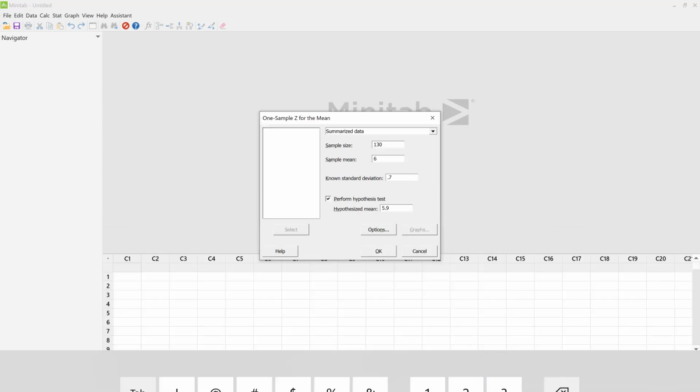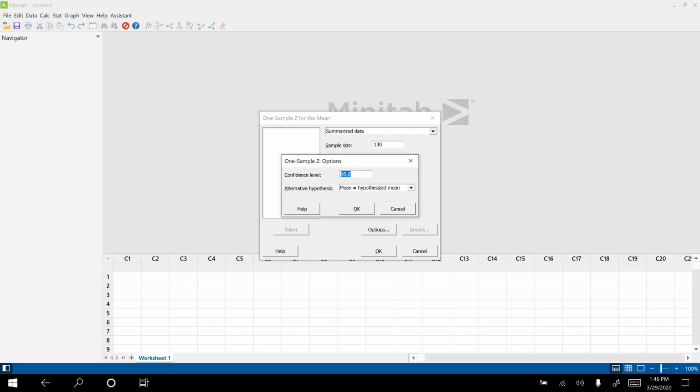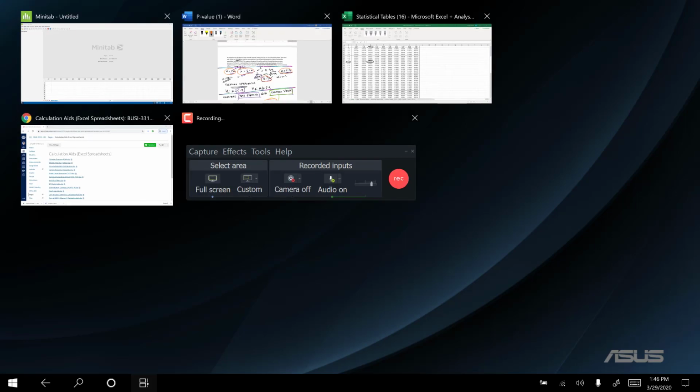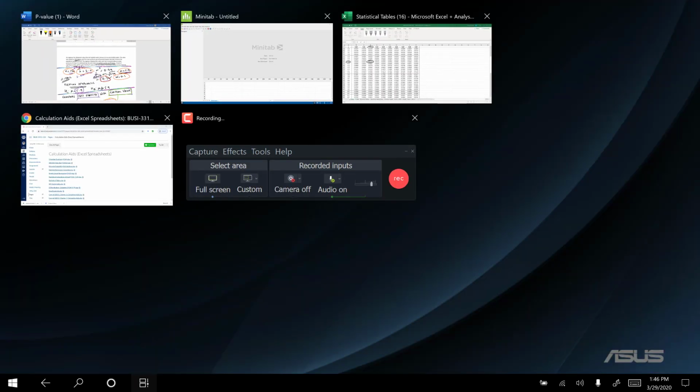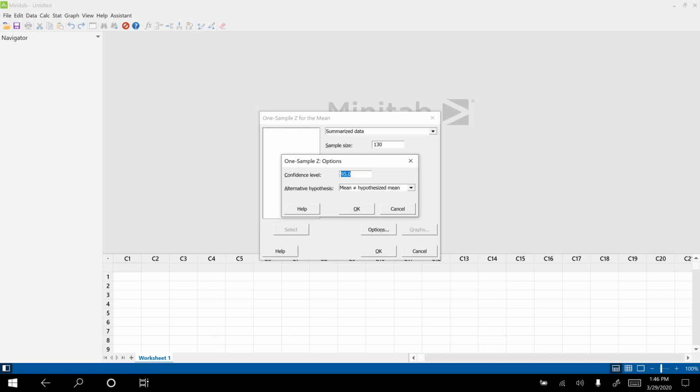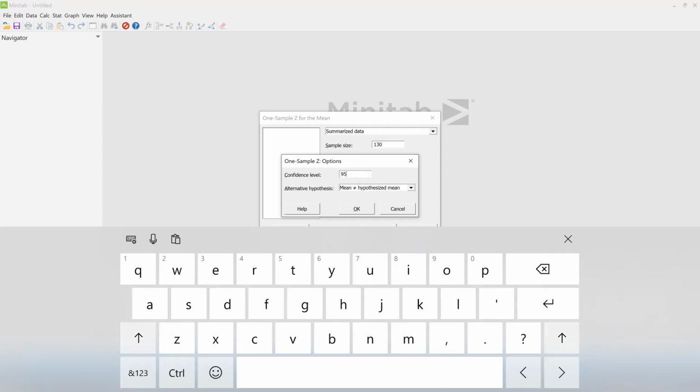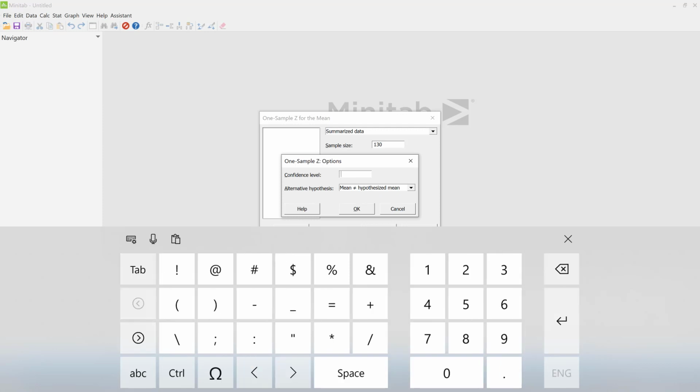And then you go to Options, and they will ask you what is the confidence level. Our significance level is 0.1, so I will enter that. So 0.1 significance level means 90% confidence interval. And then the alternative hypothesis. They are asking what is your alternative hypothesis.